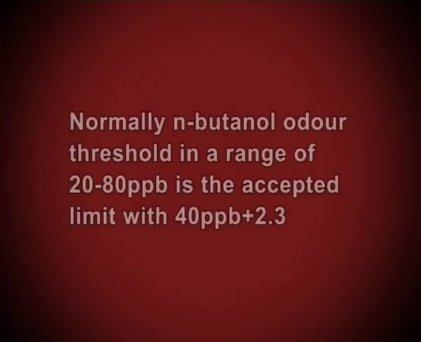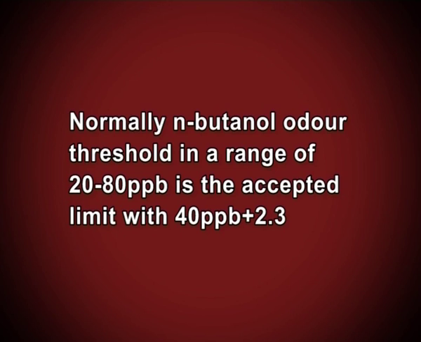The panelists should be individuals with average olfactive sensitivity who constitute a representative sample of the human population. The screening is usually performed using reference gases, and normally an N-butanol odor threshold in a range of 20 to 80 ppb is the accepted limit, with 40 ppb plus or minus 2.3.